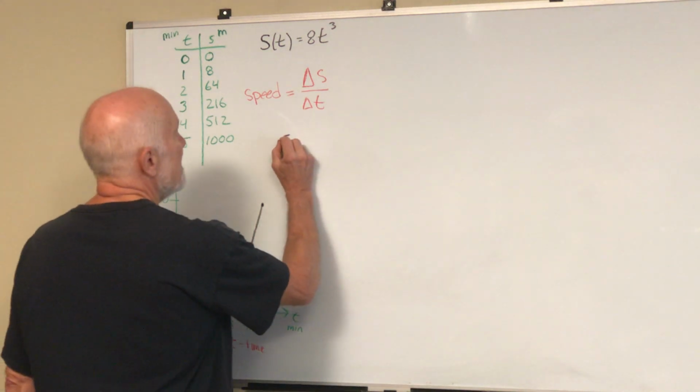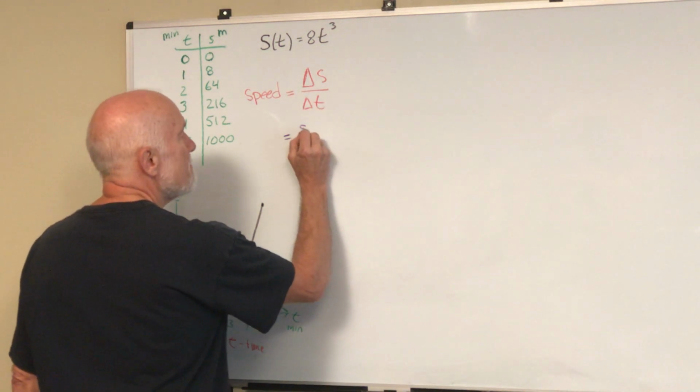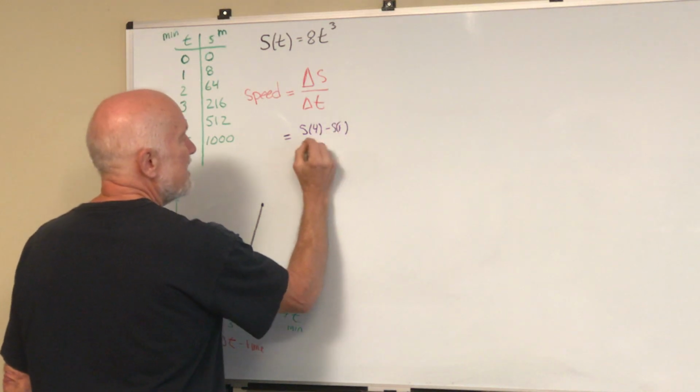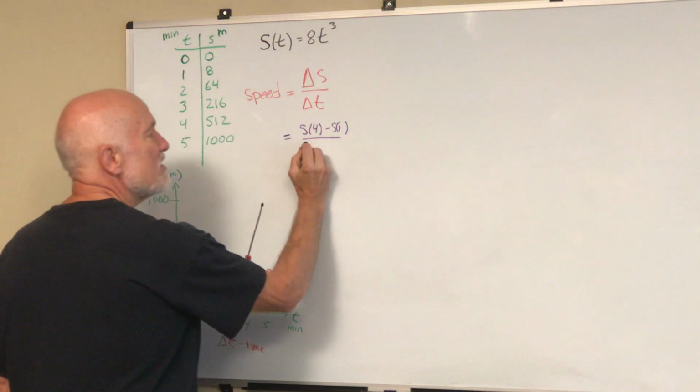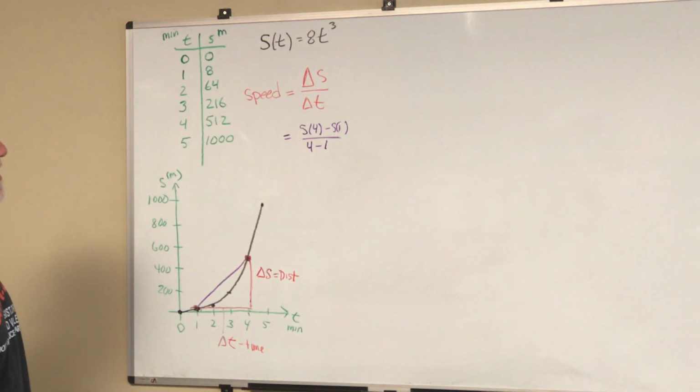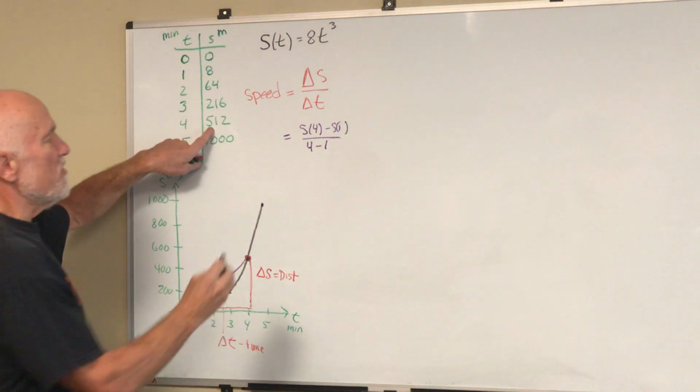We could just say the change in position is s of 4 minus s of 1, and the change of time is from time 1 to 4. And we already had these numbers.